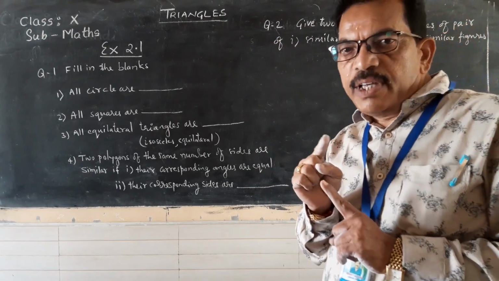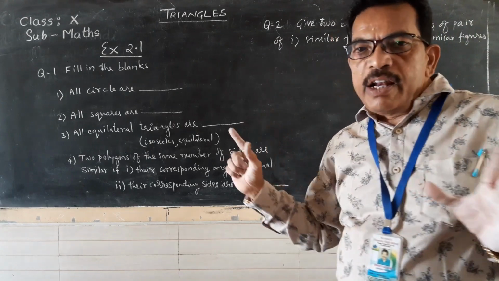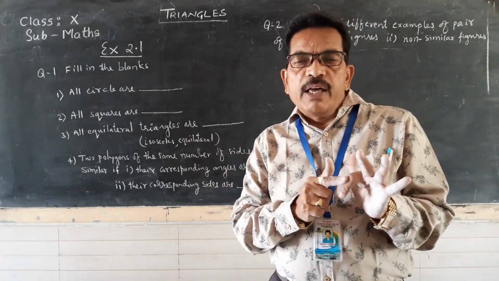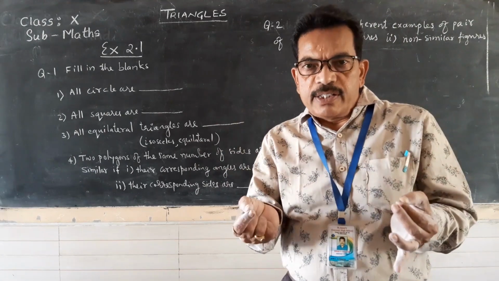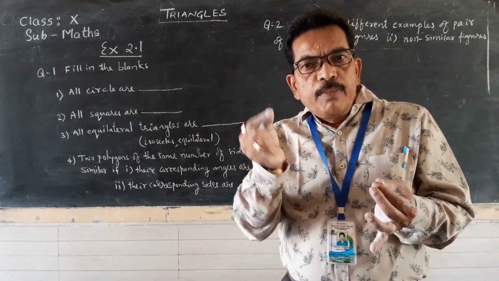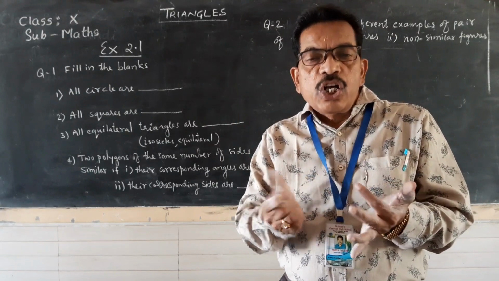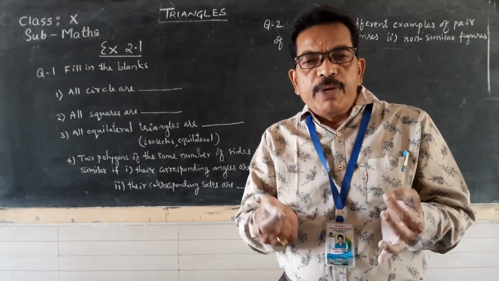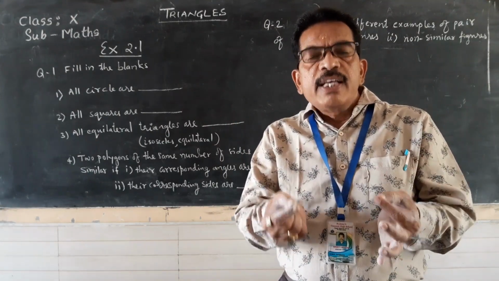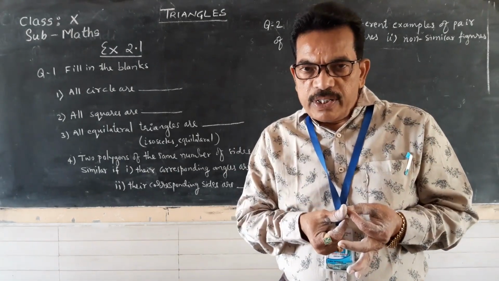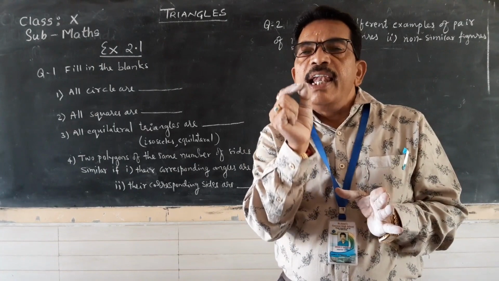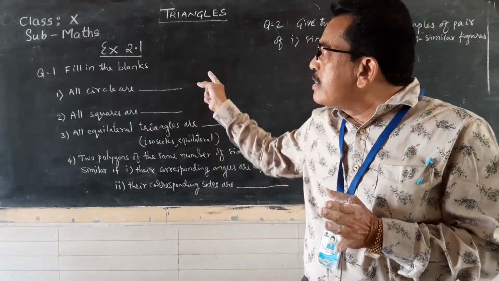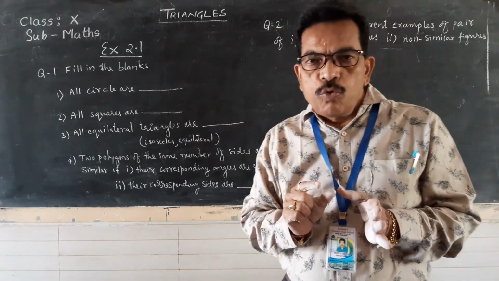Similar figures have the same shape but different size. Congruent figures have the same shape and the same size. On the basis of that, there is a little exercise, exercise 2.1.